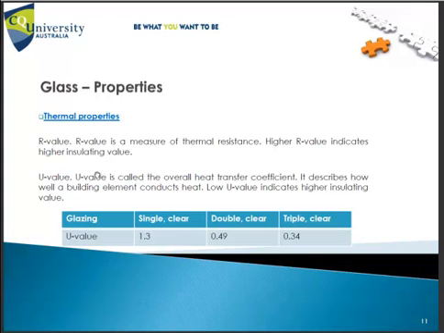And there is the U value, called the overall heat transfer coefficient. If a product or glass has a high U value, it means heat can transfer through the glass more easily. Therefore, a low U value indicates high insulating value.